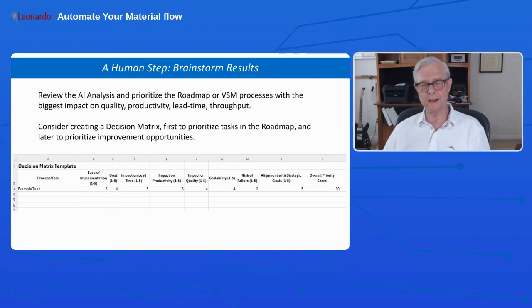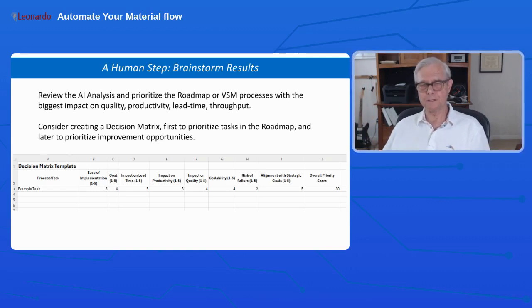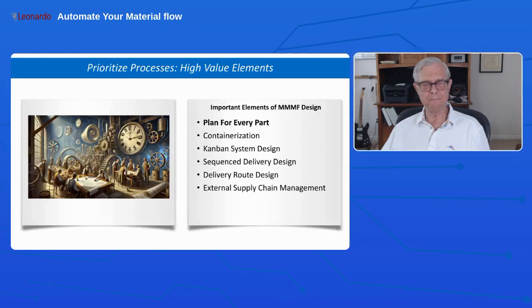What's the potential benefit? Rank them on a score of 1 to 10, and that'll give you an overall priority score. Just like a failure mode and effect analysis project, you sort it, and then you work on the highest priority projects first. Okay, I think you probably got that.